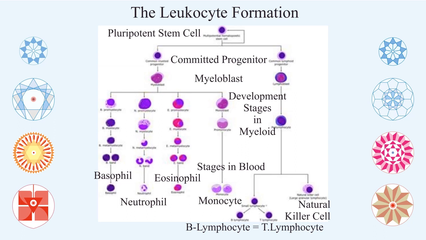So now you can say there are two types. Cells with granules: basophil means blue, eosinophil is pink, and neutrophil is neutral. Then you have two without granules, monocytes and lymphocytes. Monocytes are one, and lymphocytes are of two types, B lymphocytes and T lymphocytes.